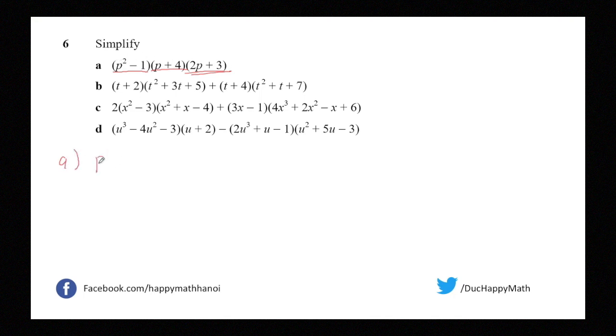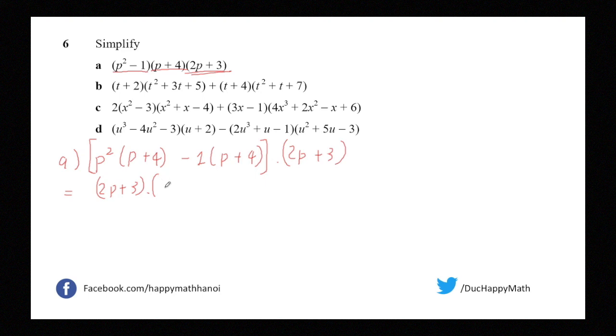It means the p squared times with the p plus 4 and minus 1 times with p plus 4, and take all of them in the bigger bracket and multiply all of them later with 2p plus 3. Okay, the first one, 2p plus 3, I will give it first. It's easy to look at, yeah.